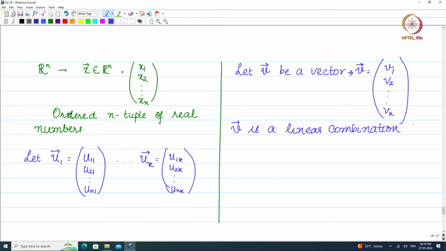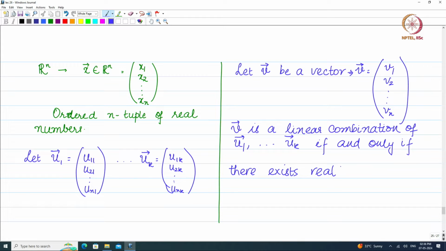of the vectors u1 etc. uk if and only if there exist real scalars alpha 1, alpha 2, etc., alpha k such that the vector v can be written as alpha 1 u1 plus alpha 2 u2 plus etc. plus alpha k uk.